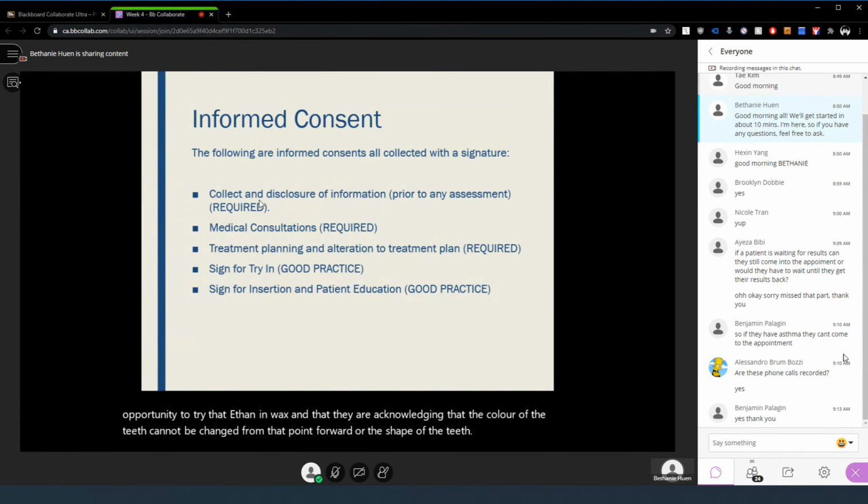So you might think, why would it be good practice to have a patient sign for that? Because it does happen that a patient chooses a particular shade or a particular shape of tooth that you might have suggested, or they have decided to go against your recommendations and choose a different one.